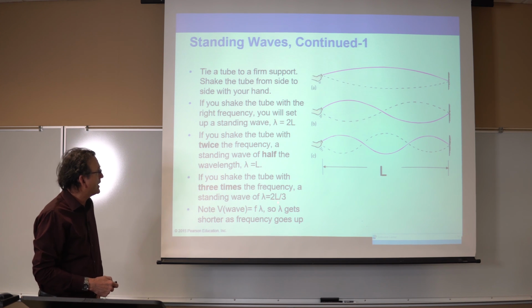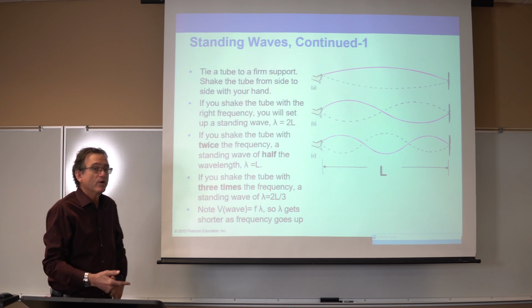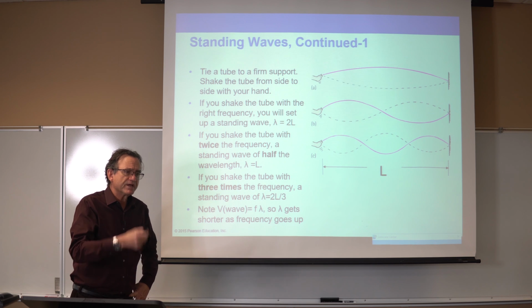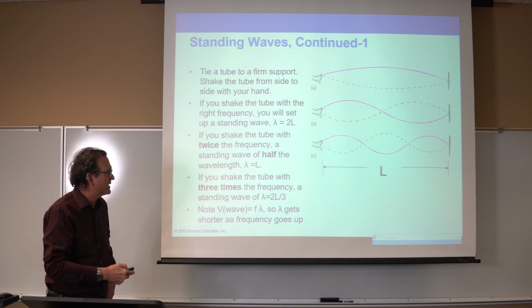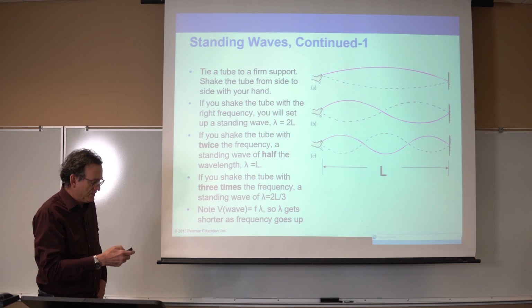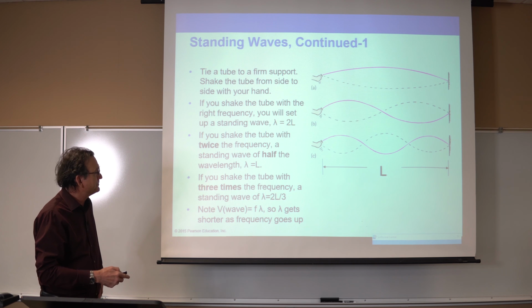Notice that in general, I could have said this is 2L divided by 1, this is 2L divided by 2, and this is 2L divided by 3. The next standing wave will be 2L divided by 4. So in this way, depending on how fast I make this rope oscillate, I can always find standing waves with higher frequencies, therefore shorter wavelengths, and therefore nodes that are closer together.